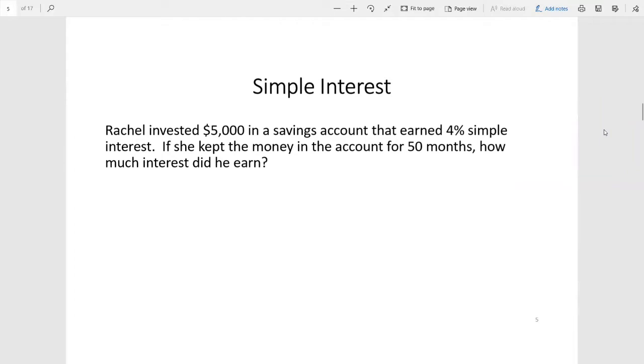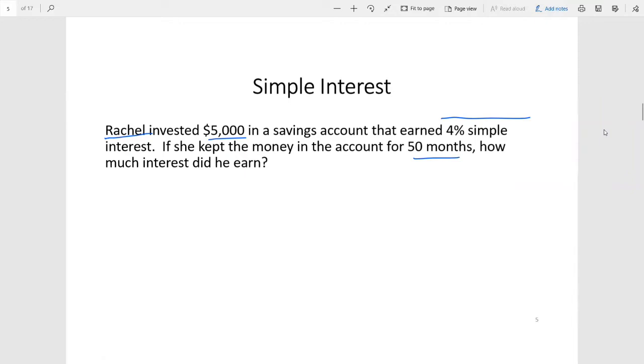Suppose Rachel, or anyone, invested $5,000 in a savings account that earned 4% simple interest. If she kept the money in the account for 50 months, how much interest did she earn?